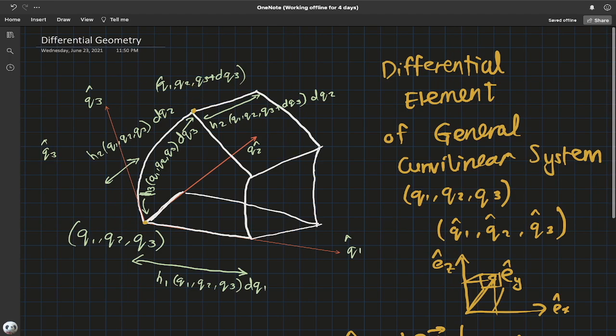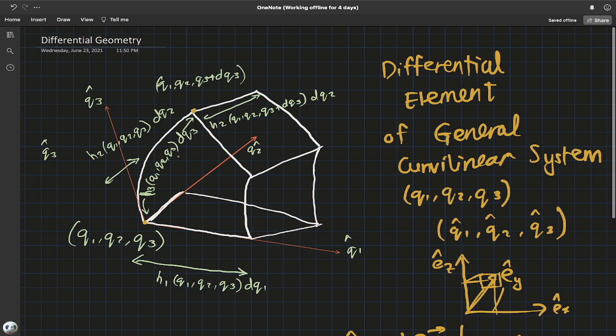Although you don't need a scaling factor for the dq, because those points are basically on top of each other, the path connecting those points is not straight. To account for this non-straightness, we have this scaling factor for the length, because it's a curvilinear system; the paths won't necessarily be straight.